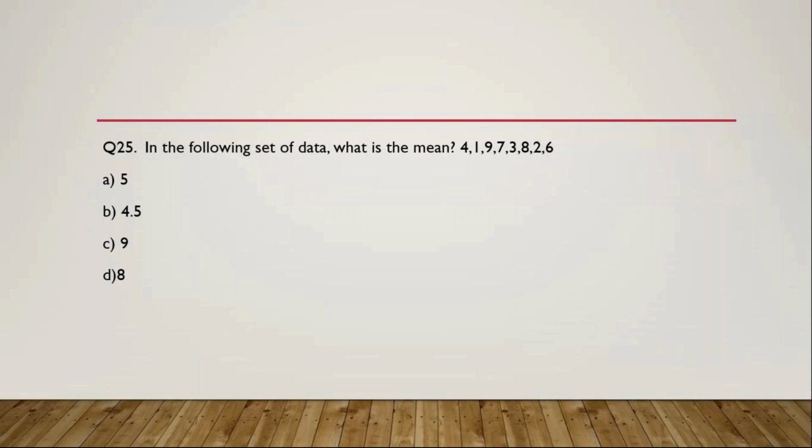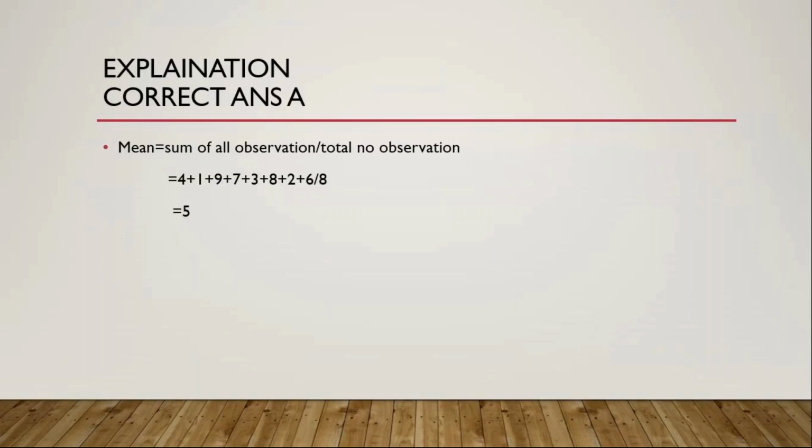Option A, 5. Yes. So this is how you apply the formula, that is sum of all the observations upon total number of observations. You add all the numbers and divide by total number of observations. So that is 8 observations. So answer will be 5.